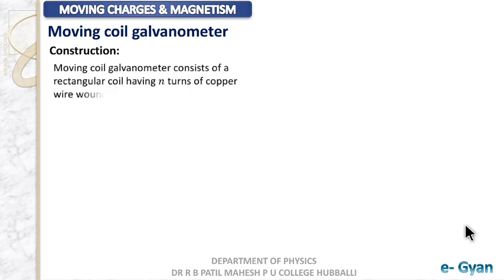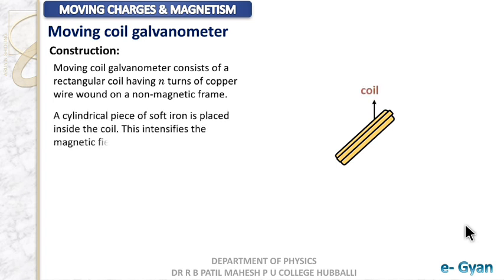A moving coil galvanometer consists of a rectangular coil having n number of copper turns, and it is wound on a non-magnetic frame, as you can see here. Further, a cylindrical piece of soft iron is placed inside the coil.